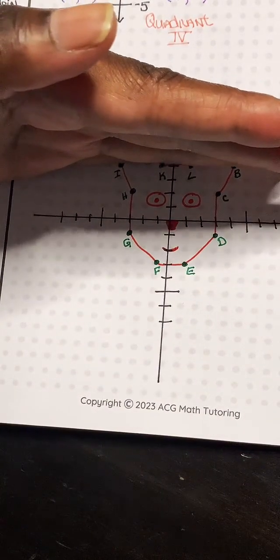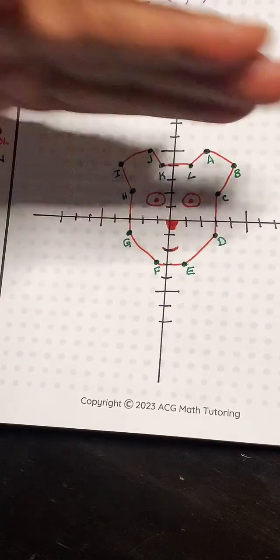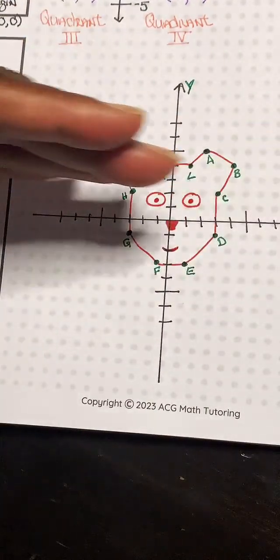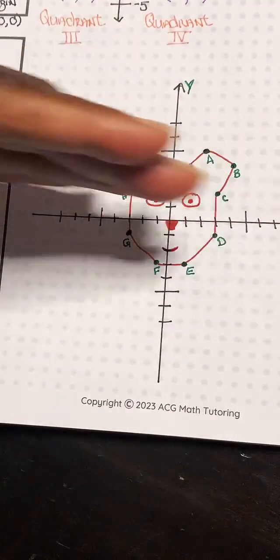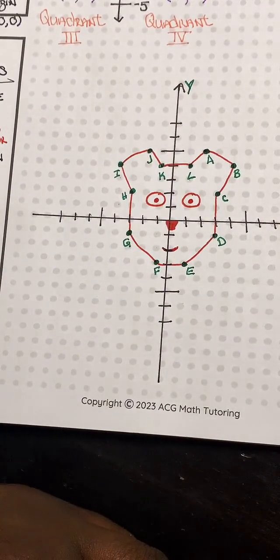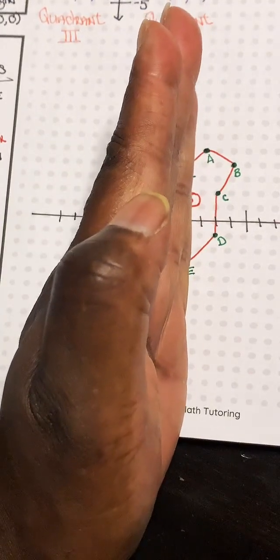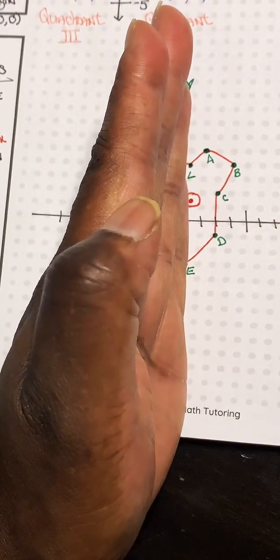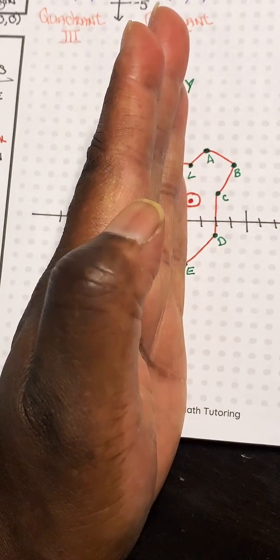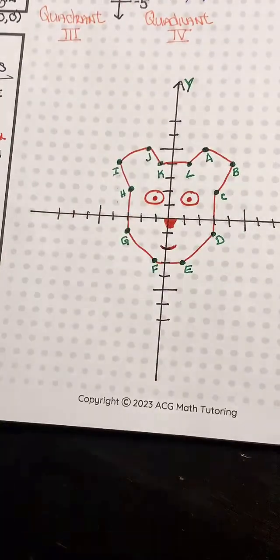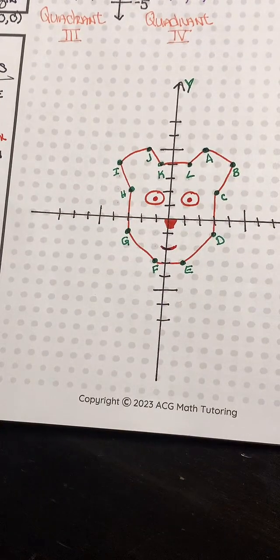All real numbers, but your range is where it's crossing your y-axis. If it's a vertical line, your range is going to be all real numbers, but your x is going to be wherever that line crosses the x-axis. That's it.